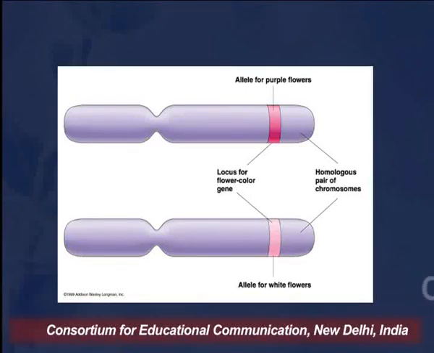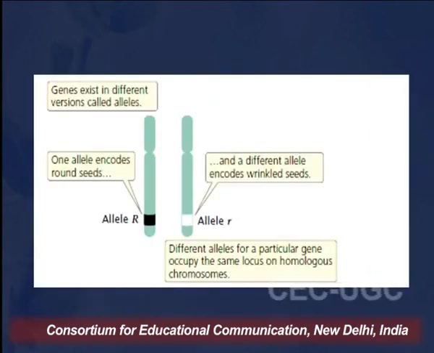If we look in a little more detail at a homologous chromosome, which seems to be a submetacentric chromosome, we find that the loci, the plural of locus, or the positioning of a particular gene, say for petal color, occupy the same position or the same locus on a pair of homologous chromosomes.